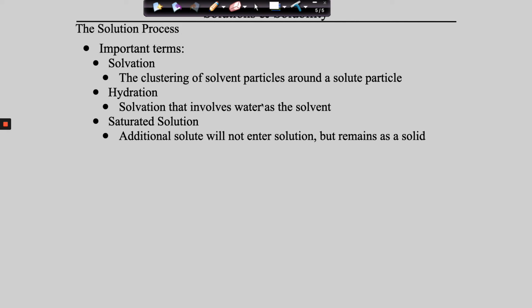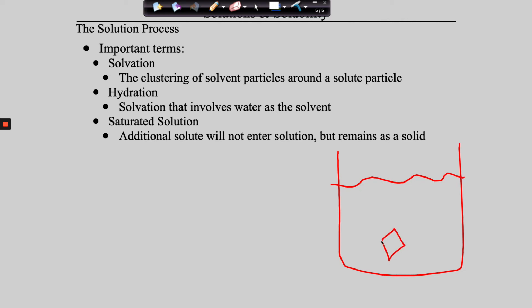Let's draw a picture. You don't need to draw this, but the idea is this. Imagine again that we have a beaker, and in the beaker we've got some water, and we're dropping salt into the water. So that's a crystal of salt. We're adding salt, it dissolves, it dissolves, it dissolves. But now we get to the point where we have the solution and it's in contact with its solute.